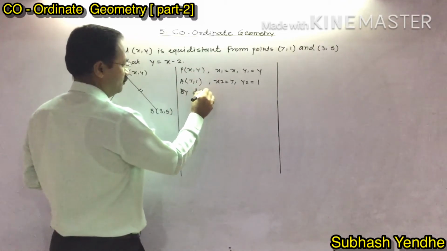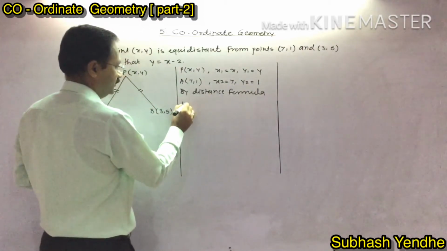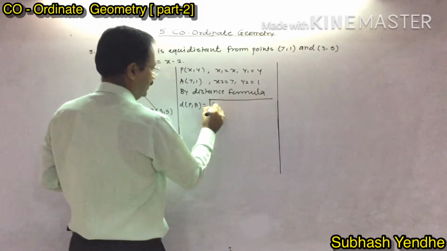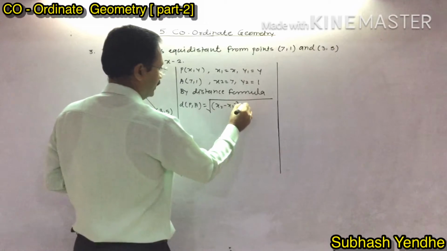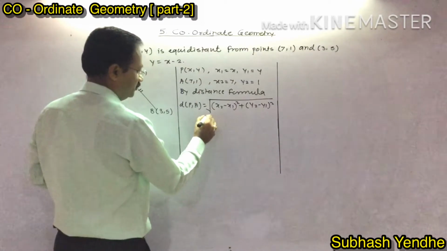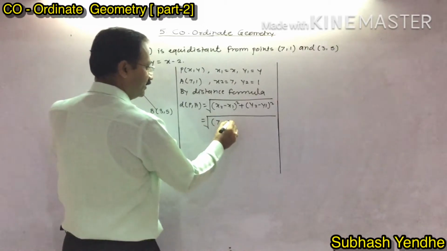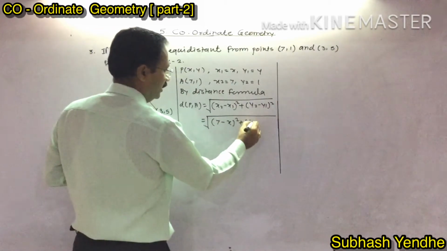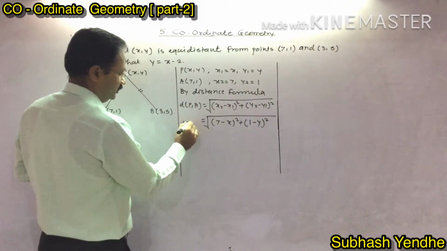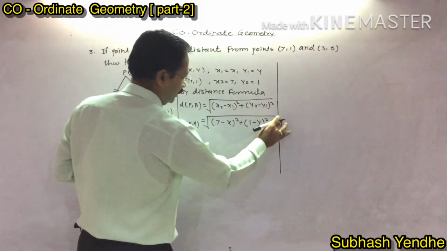By distance formula, you will get distance PA equals under root x2 minus x1 bracket square plus y2 minus y1 bracket square. Now substitute the values. x2 is 7 and x1 is x, plus y2 is 1 minus y, whole square. So here you got the distance PA. I am going to give the number 1 to this one.